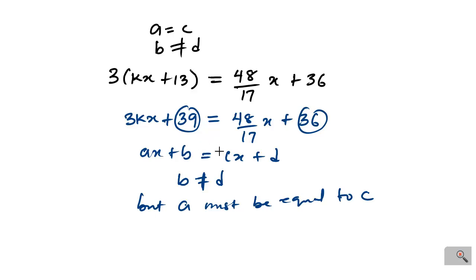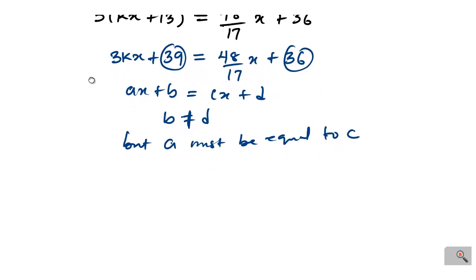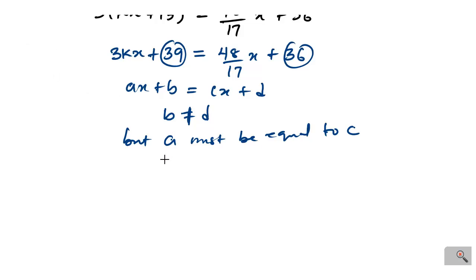So that means that there is a value of k that will make 3kx equal to 48 over 17x. We've been able to validate that b and d are not equal. So the only way we can do it is to equate the two terms so as to get that value of k that makes a and c, which represent 3kx and 48 over 17x, the same.